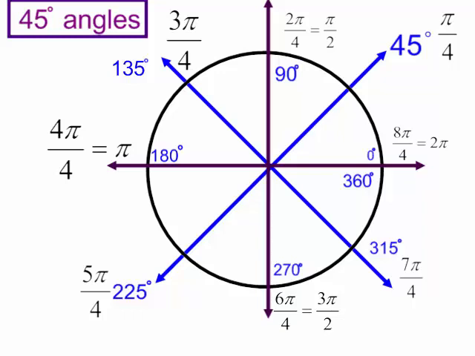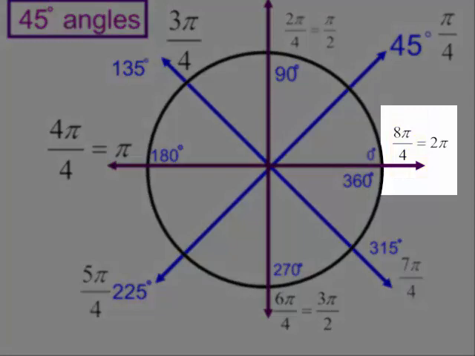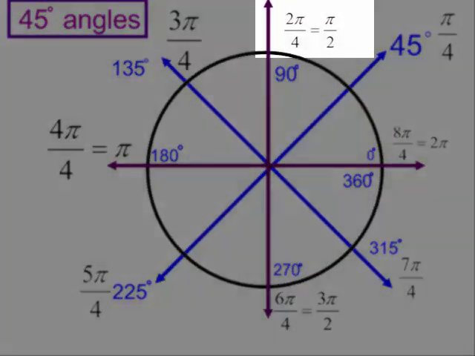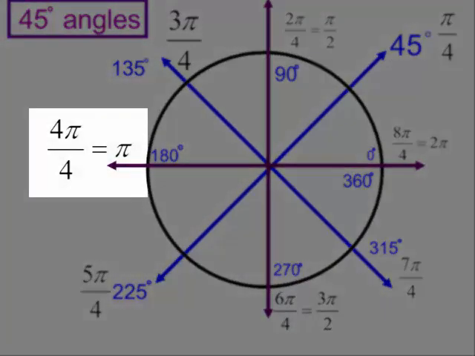Once again, very quickly, 1 pi over 4, 2 pi over 4, up to 8 pi over 4. But now I'm not changing anything. 8 pi over 4, it's still 2 pi like I told you earlier. 2 pi over 4 does reduce to pi over 2, just like I told you earlier. 4 pi over 4 does reduce to just pi.